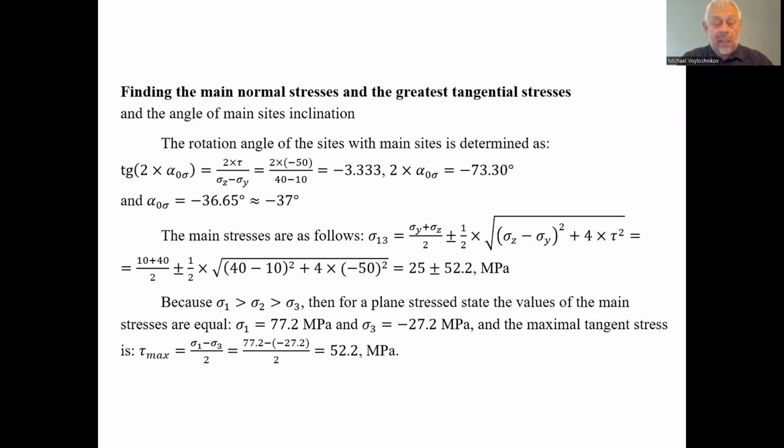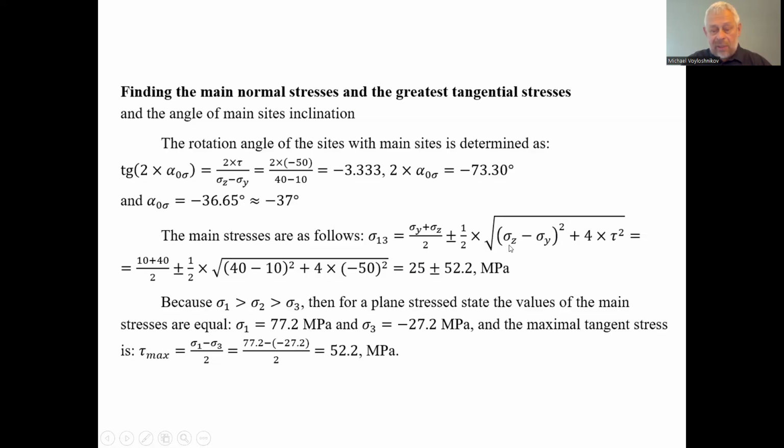Next, let's consider the main stresses. We can find them by the formula sigma 1 or 3, because we have plus minus. The first summand is sigma y plus sigma z divided by 2, plus or minus a half of the square root of the total. In the brackets we have the normal stresses sigma z minus sigma y. It is not important which one is subtracted, because we have the square.